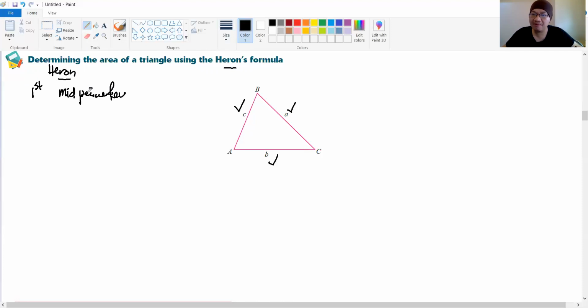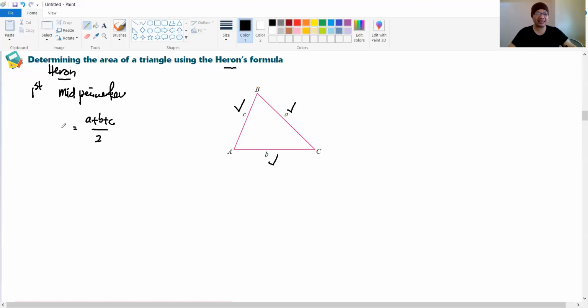What is defined by mid perimeter? Mid perimeter means it's like a median of the perimeter. The perimeter of the triangle is A plus B plus C, right? Because it is the middle, we divide it by 2, like a midpoint.